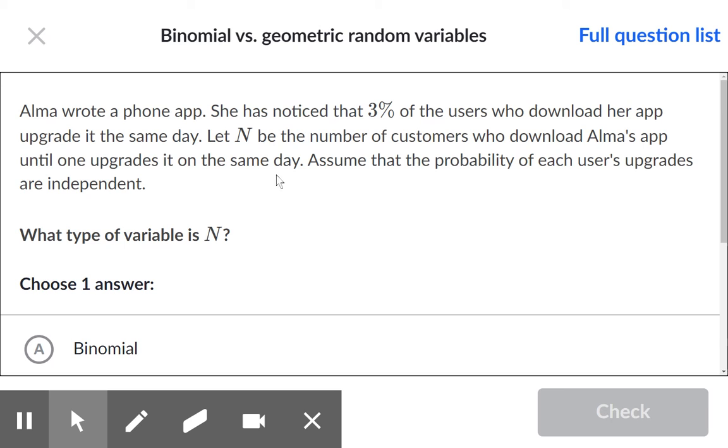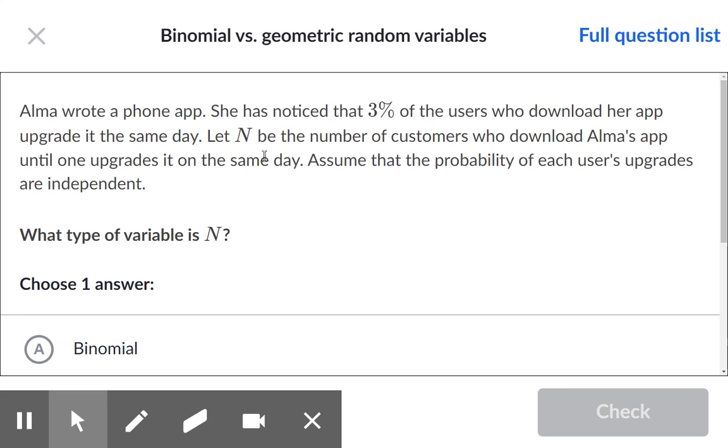It's still B, upgrades or don't upgrade. And I: assume that each user's upgrade is independent. And the probability of success is 3%.